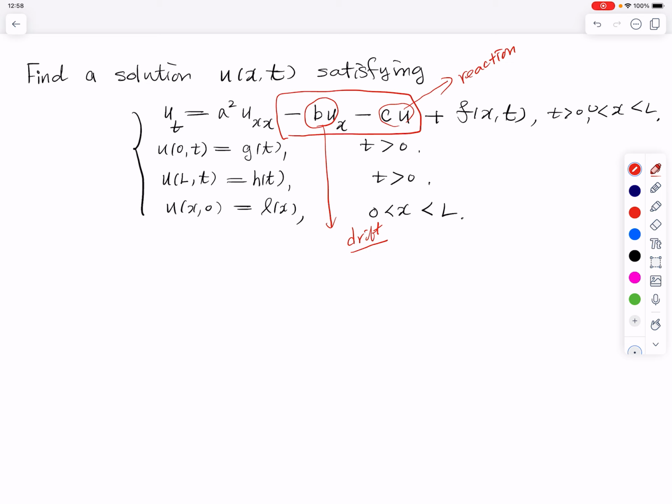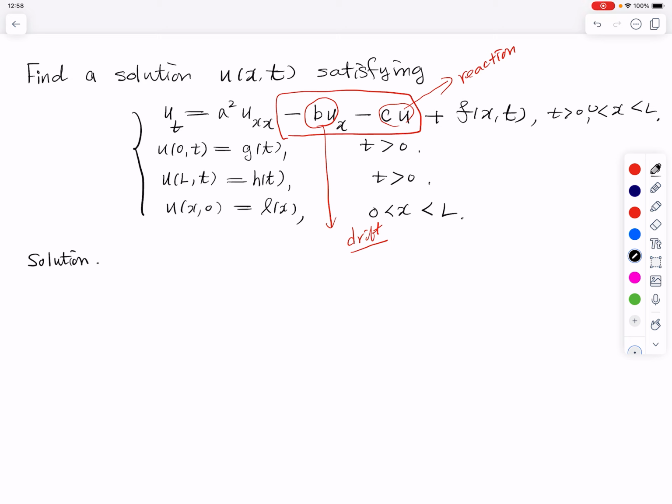I'm not going to talk about it in detail, but just realize that the B term and C term come up in PDEs very often. So we are interested in finding a solution of this equation.